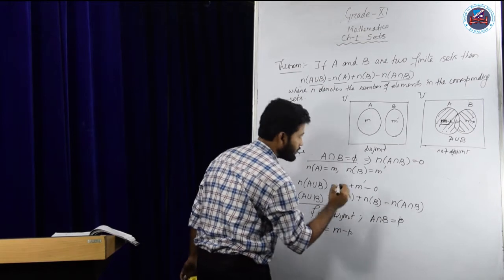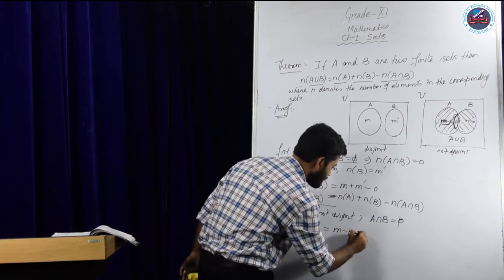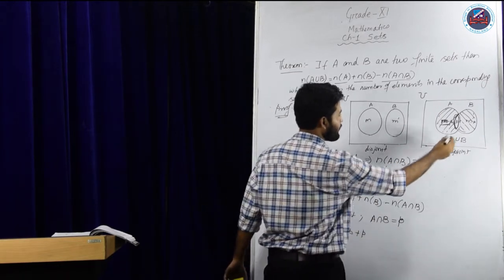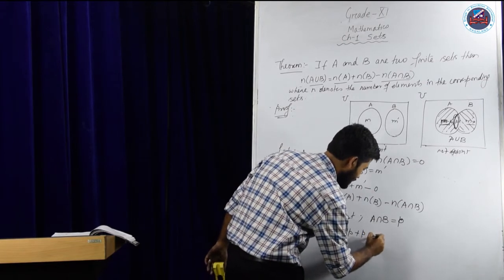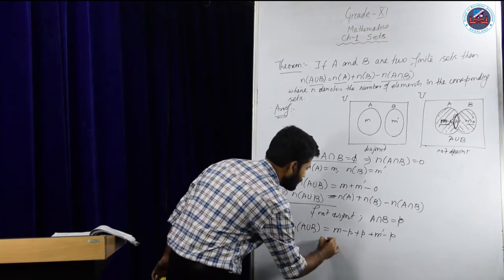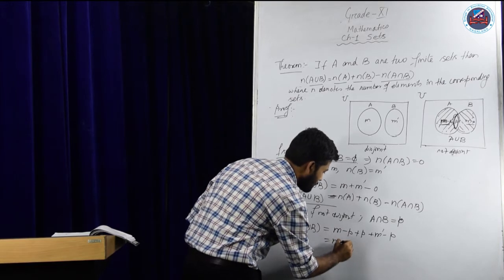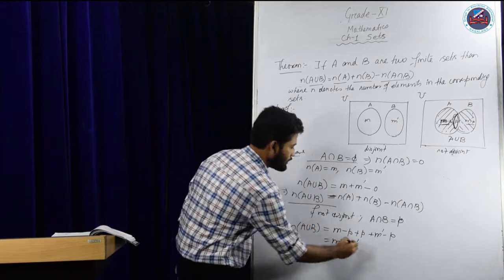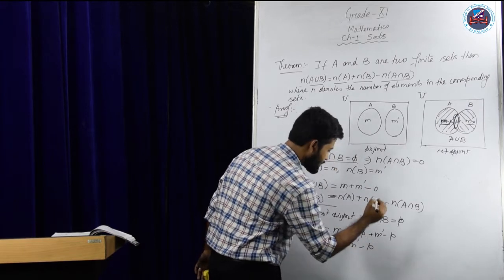So m minus p, plus I have to take these elements, that is p, and I have to take m prime minus p. So plus m prime minus p. Okay. So what does this give? This gives us m plus m prime, and minus p plus p minus p, these two we can cancel, and this gives us minus p.